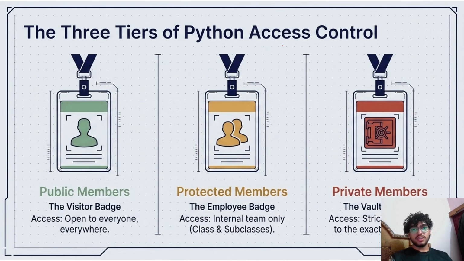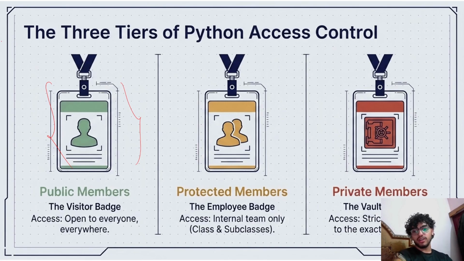Now, there are three tiers of access control. This is called access modifiers or access specifiers. First of all, there are public members, then protected members, then private members. Public members mean that the entirety of the class is visible to everyone, and everyone can change everything. So open to everyone, you can say open source.